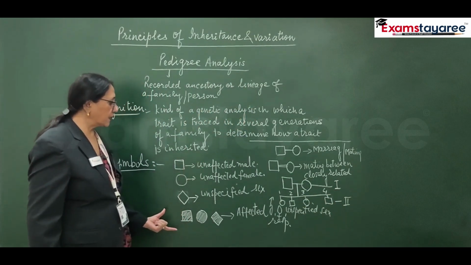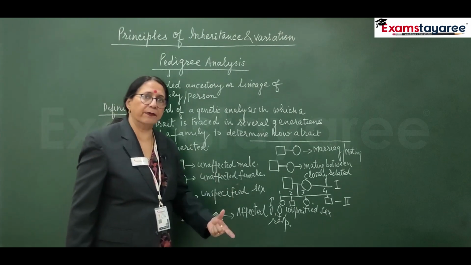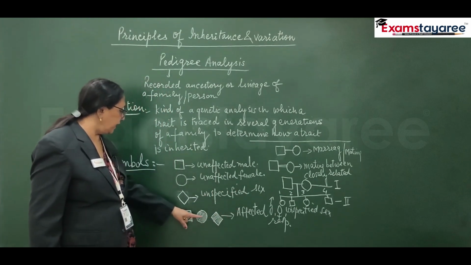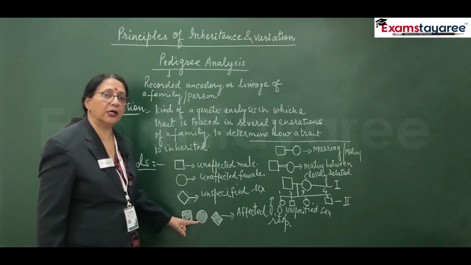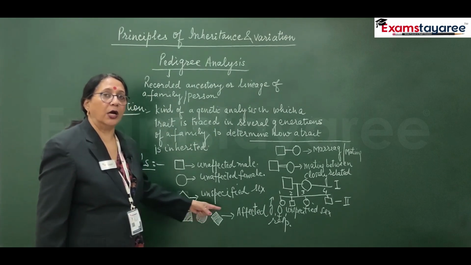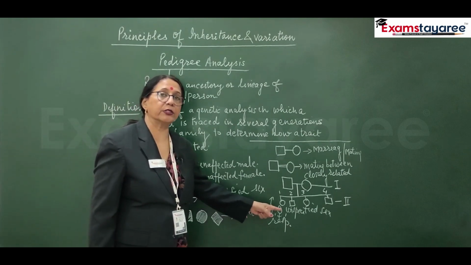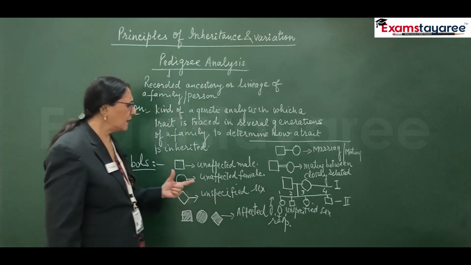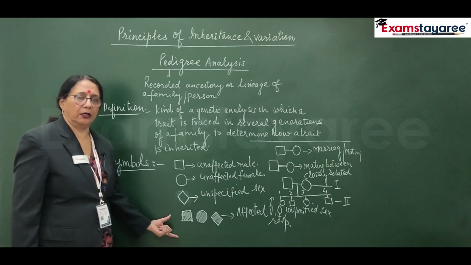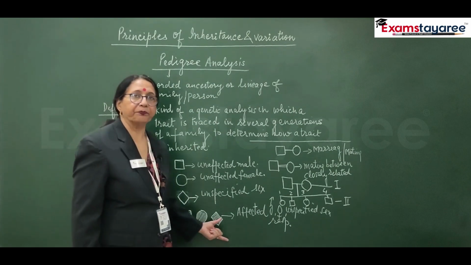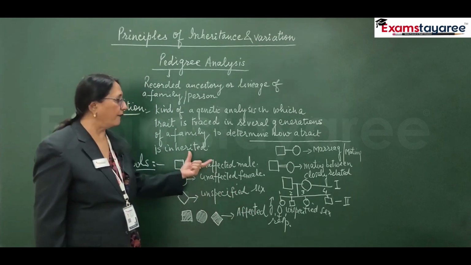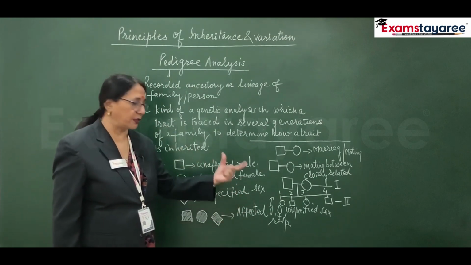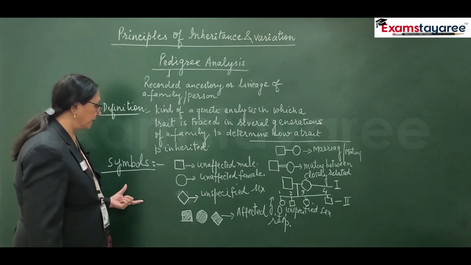So these are certain symbols. There are certain more symbols, like half shaded will show carriers, right? Then a circle with a dot in between will show a carrier female, which is for a sex-linked disease, and there are many other symbols which are not in your course, but if need be, I will take them as the chapter moves ahead.